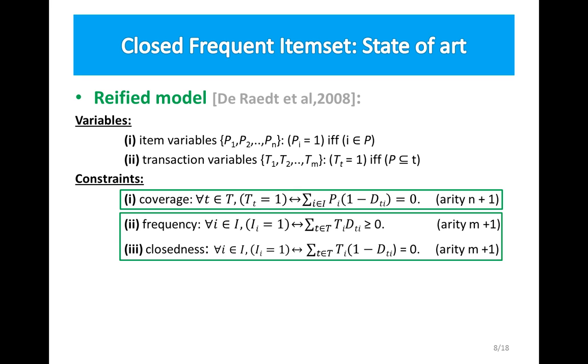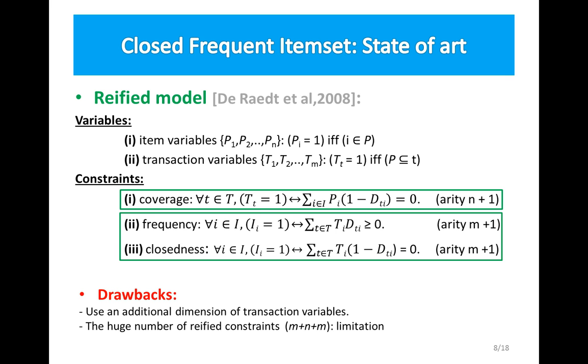This model offers an elegant way to express a large number of constraints in item set mining, but the drawback is that the model uses an additional dimension of transaction variables, and a large number of reified constraints, which constitutes a limitation, especially for a large data set.